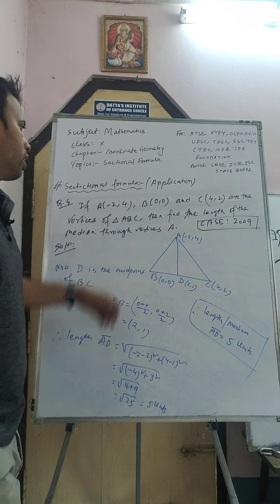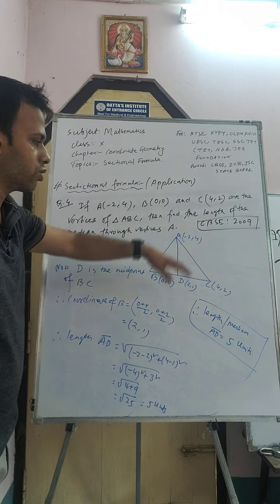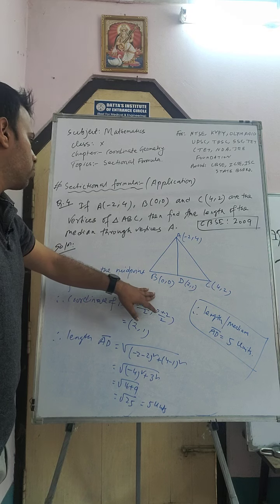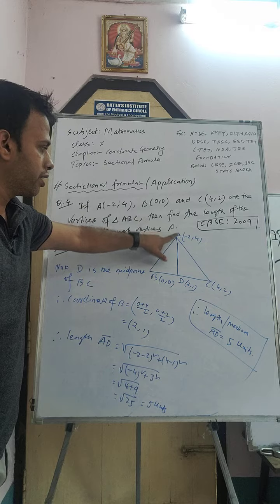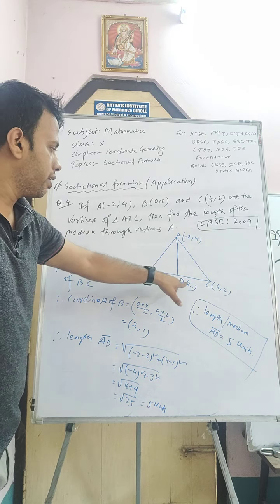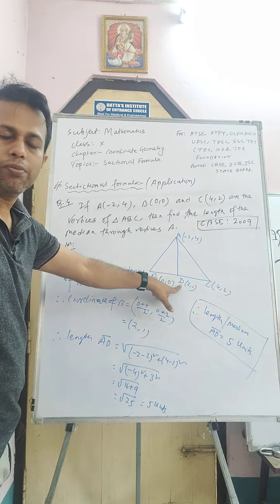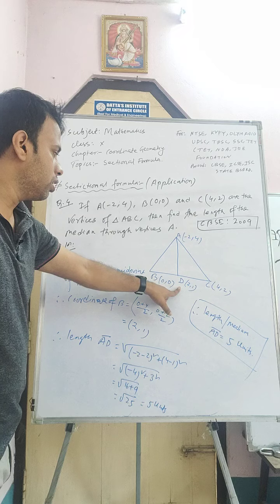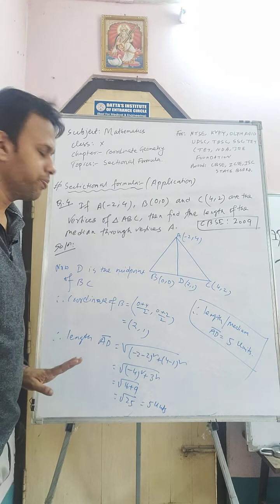So what I am doing here, I first draw the triangle ABC and put the respective coordinates, and after that I draw the median through the vertex A, and it cuts the line BC at D, and D is the midpoint of BC. So I find the coordinate of D using the midpoint theorem.